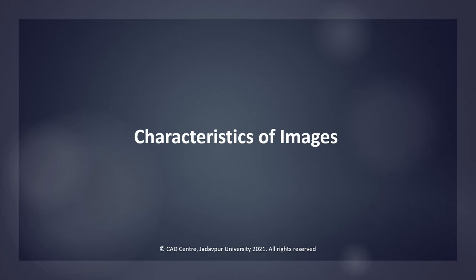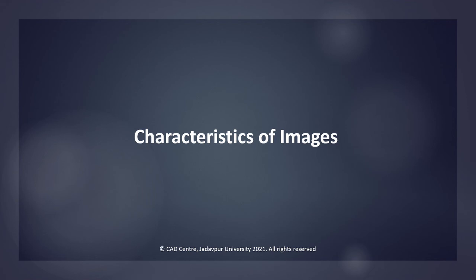Characteristics of images. Before we proceed further to discuss the sensors and their characteristics, we need to define and understand a few fundamental terms and concepts associated with remote sensing images.